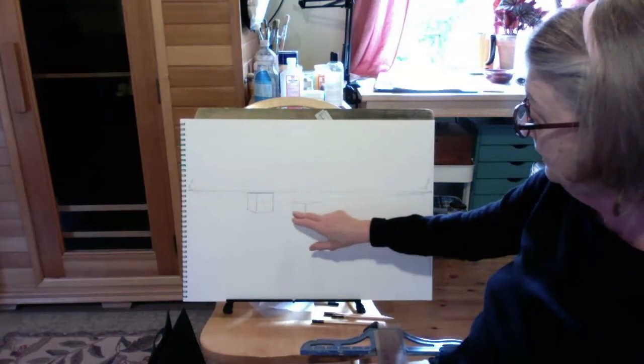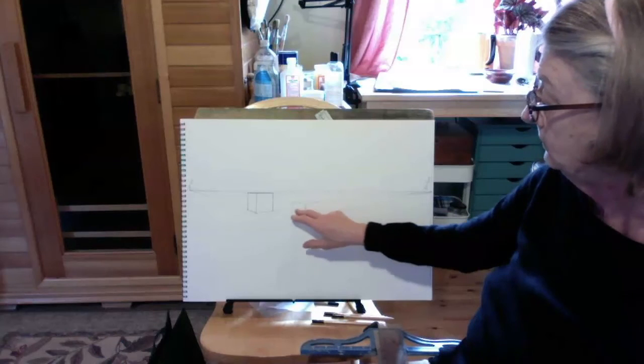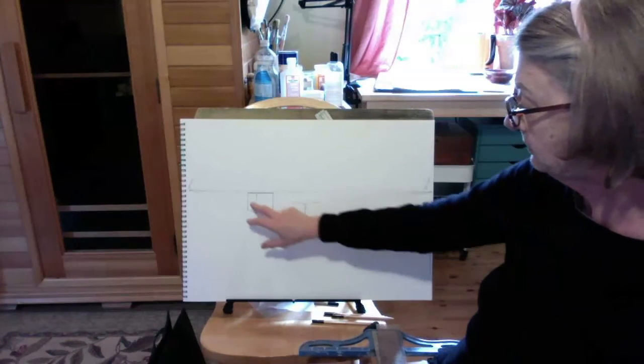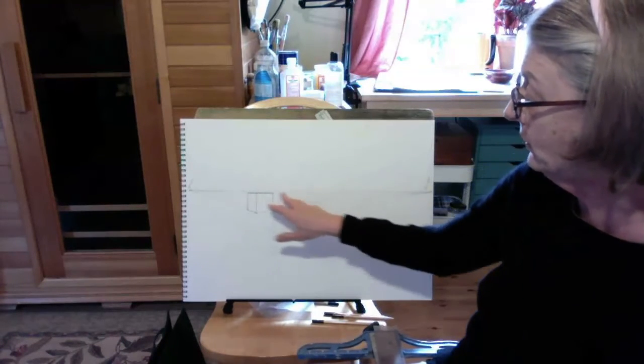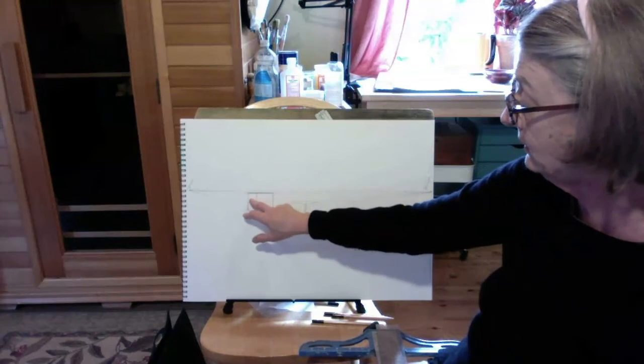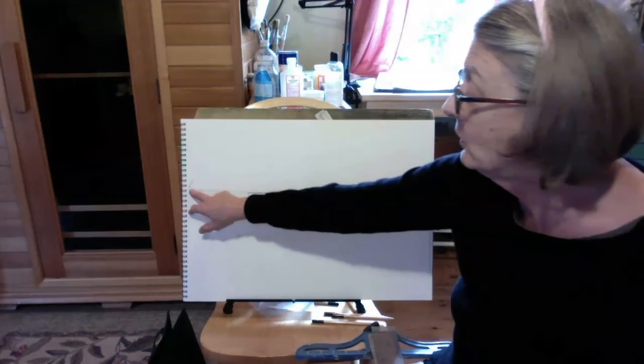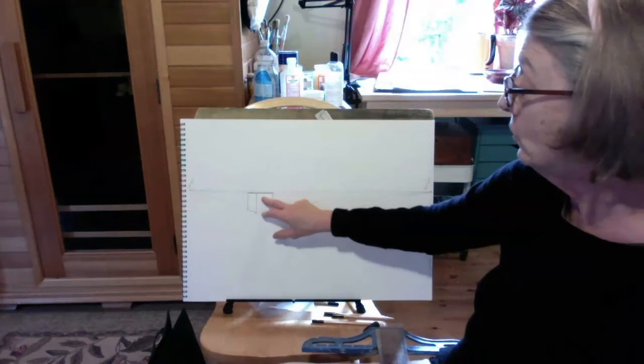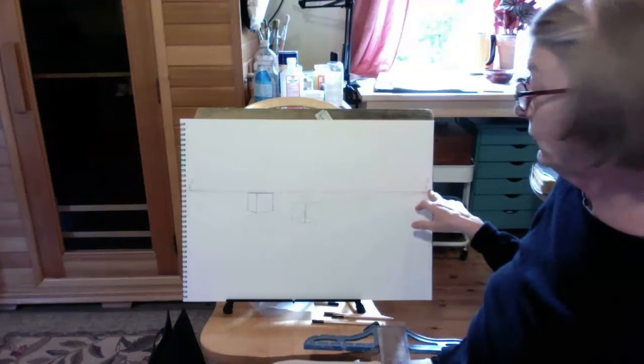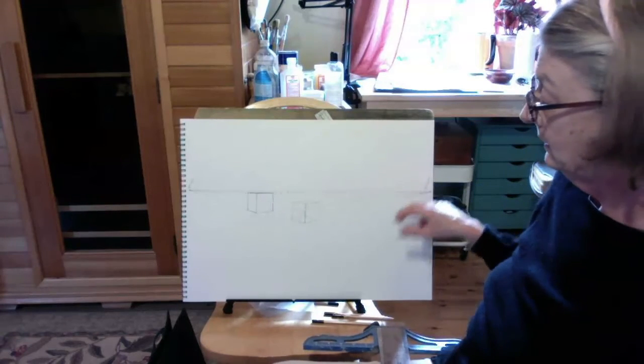So you can see here, right in the middle, I can see about equal sides of the box. Getting closer to one or the other of the vanishing points, I'll see less of the side that's closest to the vanishing point, more of the side that's furthest from the vanishing point.